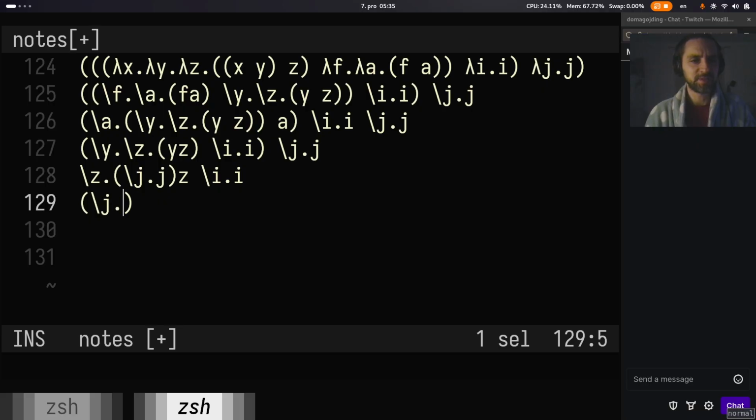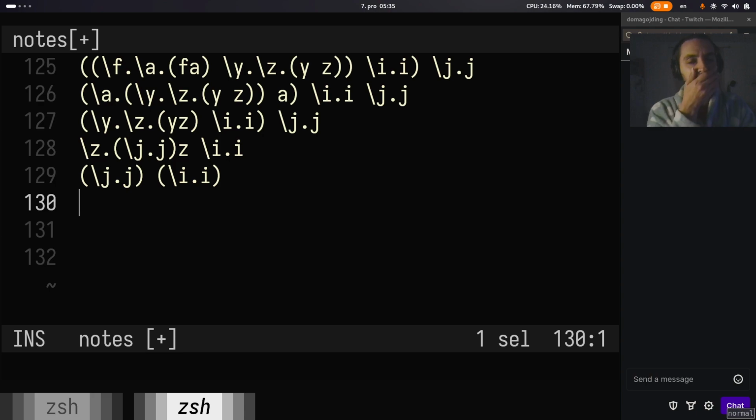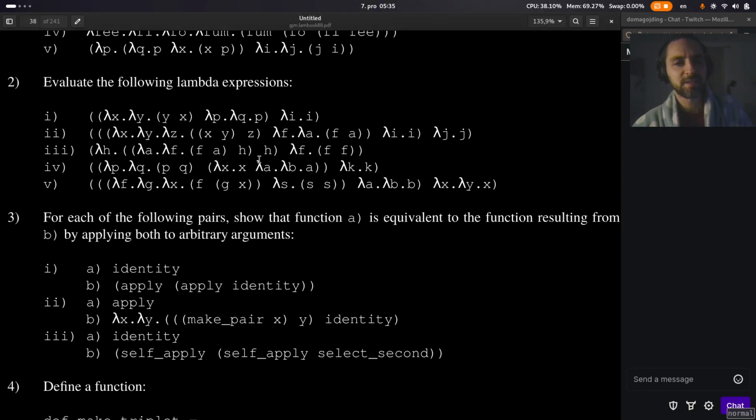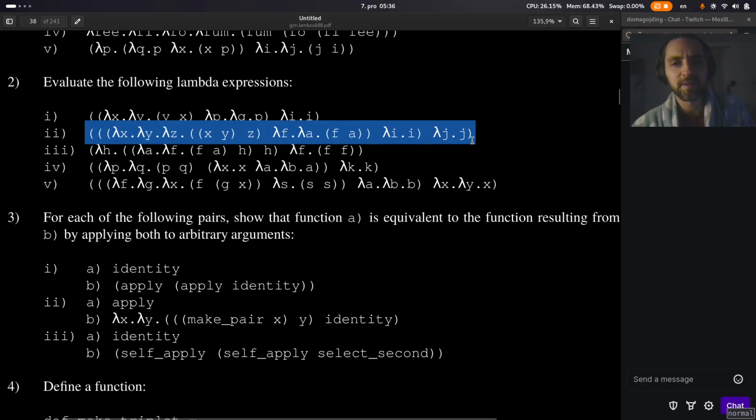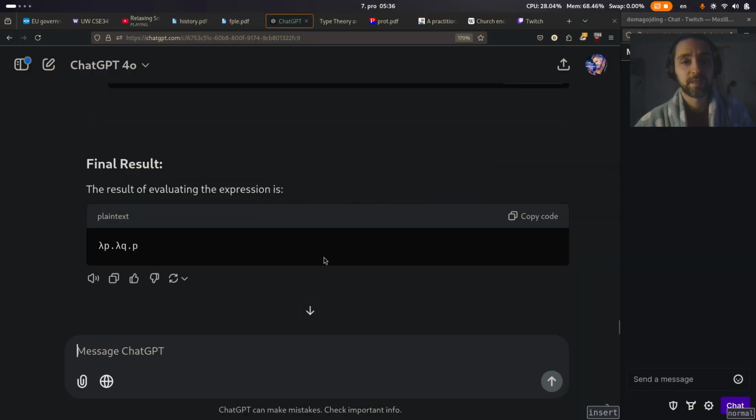Because then I'll have lambda j dot j being applied to lambda i dot i, which is just another identity. Well, it probably makes sense that all of these guys are equal to a single identity. Try this.